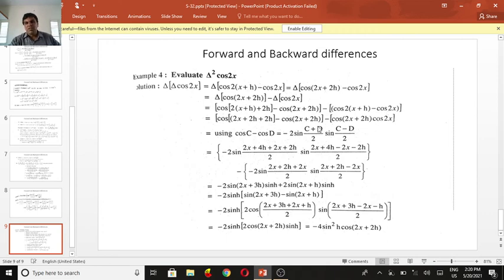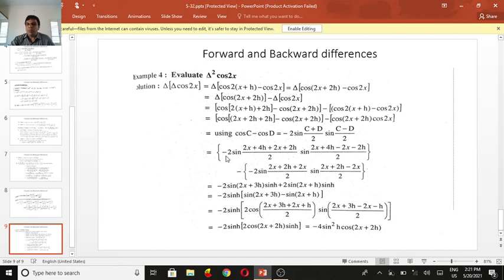So again you are applying the formula, difference of sum and product, so sum goes to difference. Here we use the cos C minus cos D formula: minus 2 times sin of (C plus D) by 2 into sin of (C minus D) by 2. Here C is 2x plus 4h, D is 2x plus 2h.